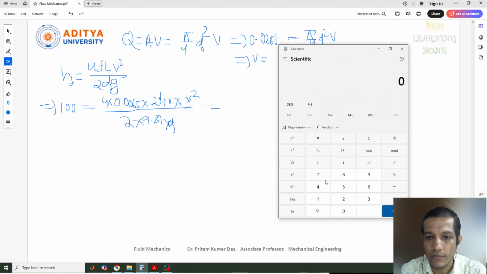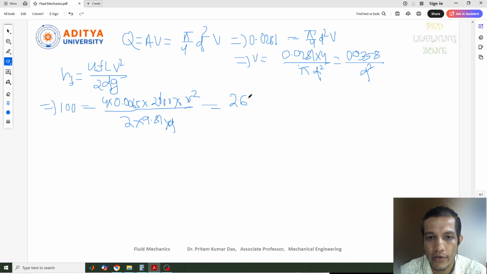So 4 into 0.0065 into 2000, divided by 2, again divided by 9.81, we got 2.65 V square by D.